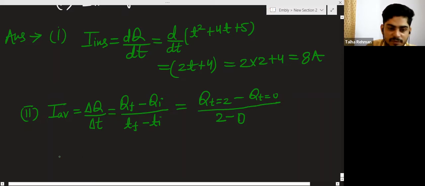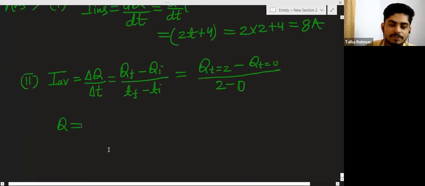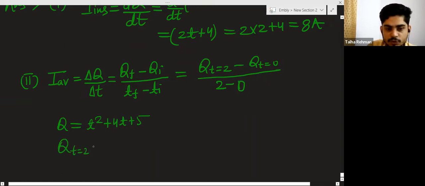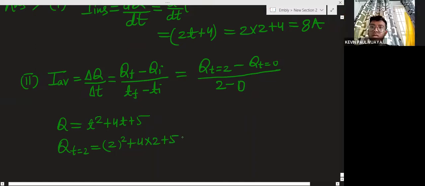So we have q equal to t square plus 4t plus 5. And I want q at t is equal to 2. So put the value of 2 here instead of t. 4 plus 4 into 2 plus 5 will become 17.